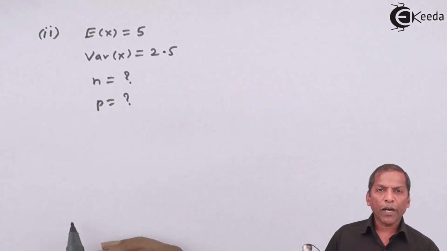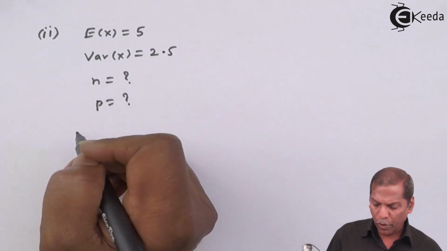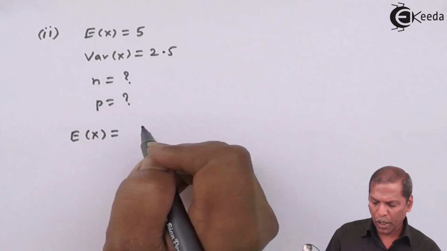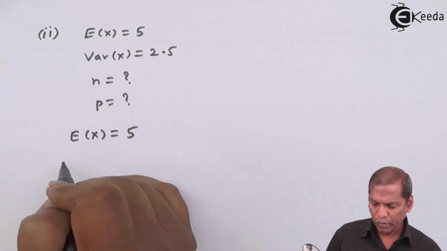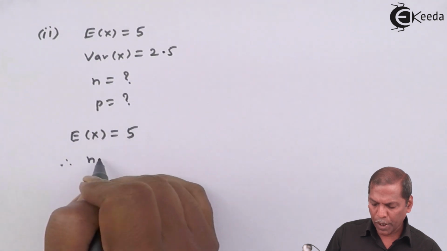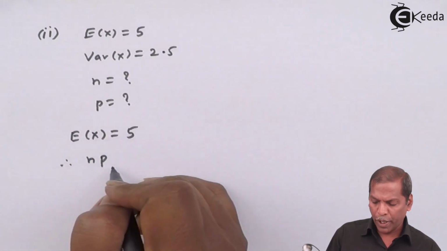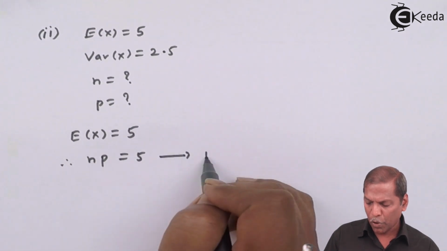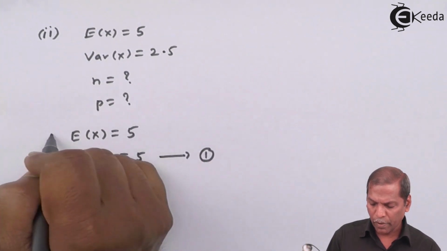So here first we write the formula for expected value, that E of x is equal to 5, but E of x is nothing but NP, so NP is equal to 5. Let us denote this as equation 1.